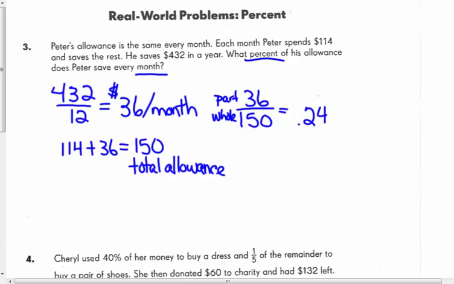When I divide that, I'm going to get 24 hundredths. Change it to a percent by multiplying by 100, sliding 2 to the right. I get 24%. So Peter saves 24% of his allowance.